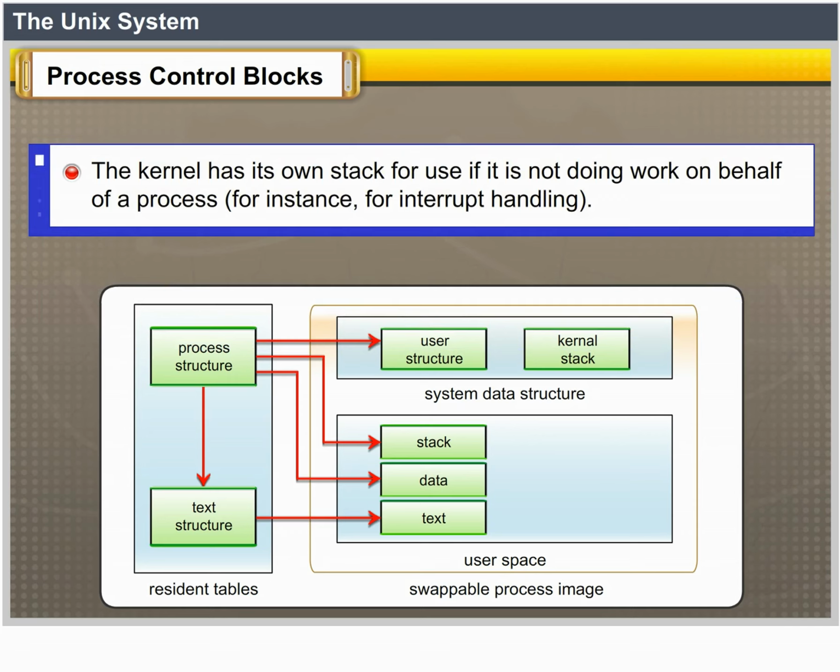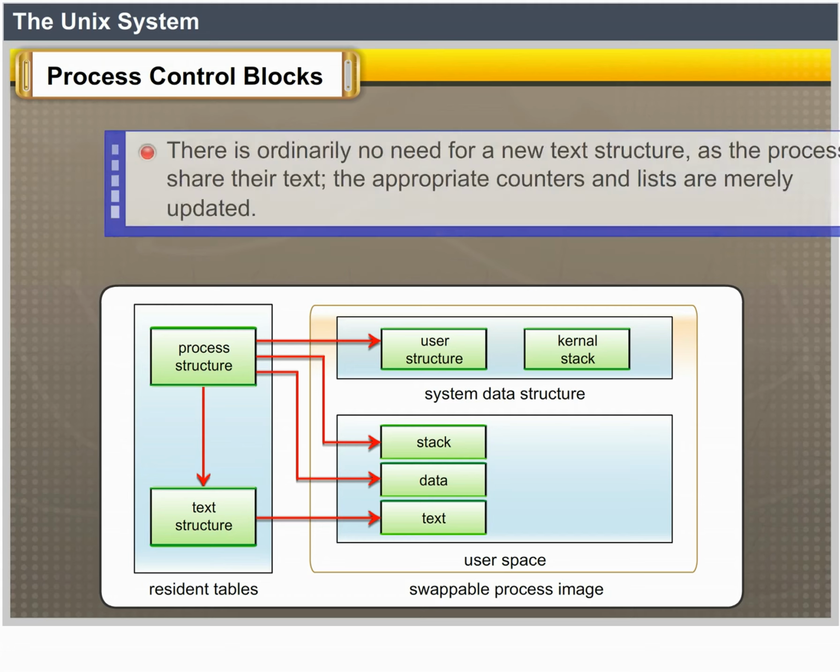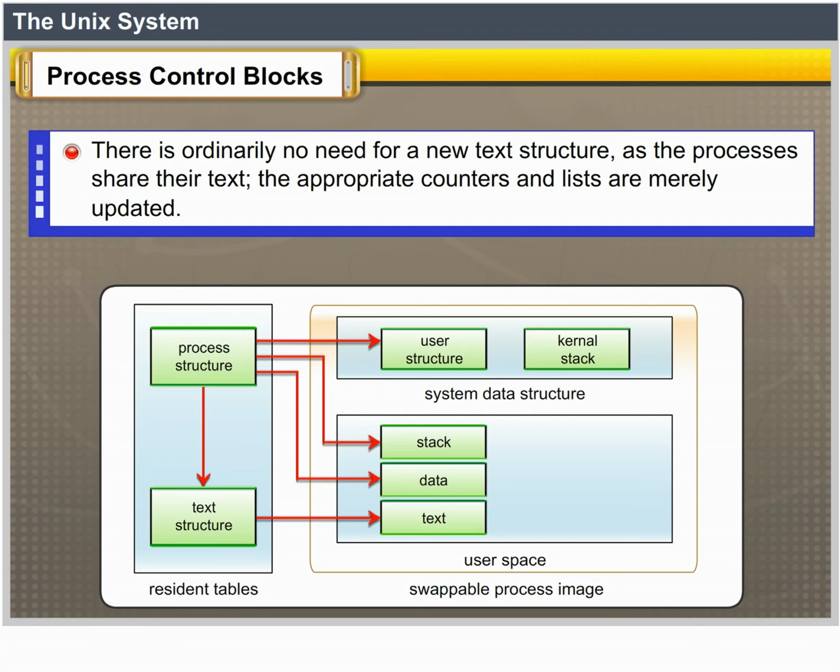for instance, for interrupt handling. The fork system call allocates a new process structure with a new process identifier for the child process and copies the user structure. There is ordinarily no need for a new text structure as the processes share their text. The appropriate counters and lists are merely updated.